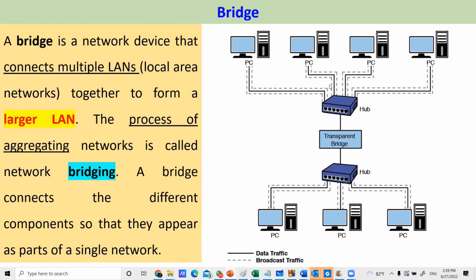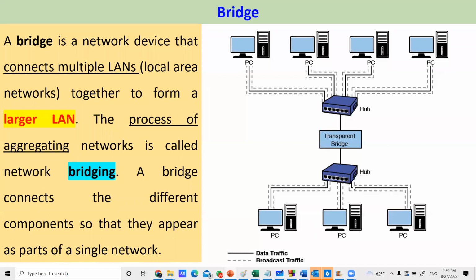Look at the diagram here. The above is one local area network. Here we have 4 PCs with the hub. These 4 PCs are connected with this hub. That's the one local area network. Then the second local area network you can find below. Only 3 PCs are available.